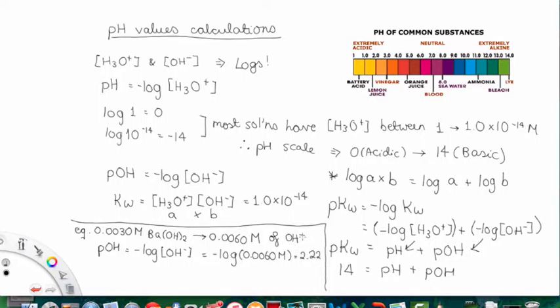Now, since we know that the sum of the pH and the pOH has to equal 14, remember, because pKw is the negative log of Kw, which had a value of 1 times 10 to the power of negative 14. So the pH is going to just equal 14 minus 2.22, which is 11.78.